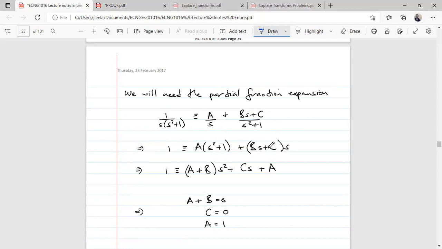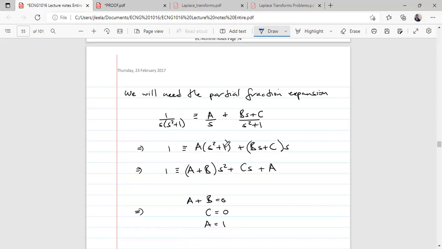And we apply a technique now called equating coefficients, right? So you collect all the terms in s squared, all the terms in s, and all the terms that don't have any s in it. So basically that will be s to the power 0. So those are like the constant values, right? So you have a plus b s squared plus cs.